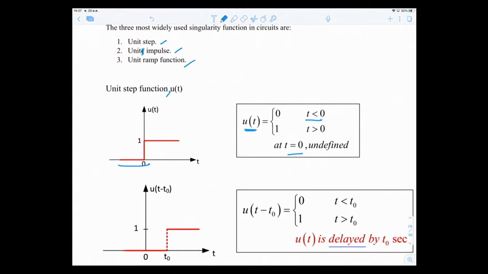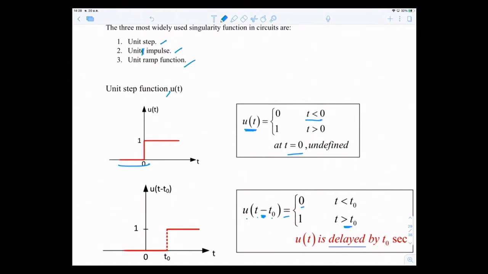It's a delay. Anyone that comes in late has a sort of bad feeling, a negative feeling that you are late, right? So put a negative there. It becomes u(t minus t0), equal to 0 at t less than t0, and equal to 1 at t greater than t0. So this is how the step is delayed by t0.